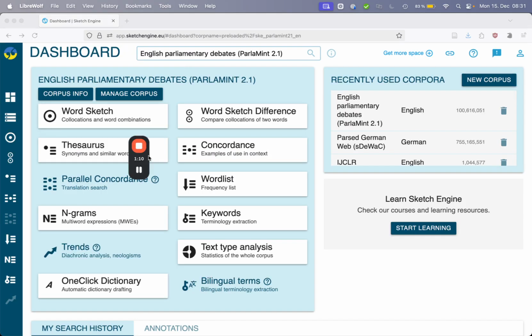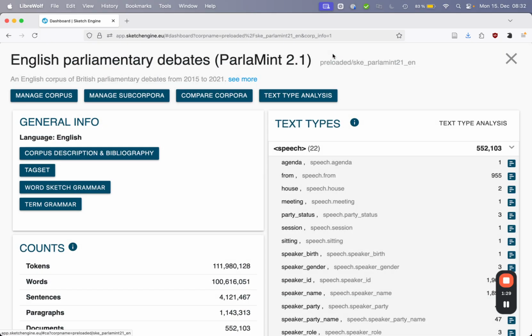So by default, Sketch Engine will always take you to the last corpus that you used. So I'm now looking at the English Parliamentary Debates corpus, Parliament version 2.1, and I can have a look at information about the corpus with the little I. Here I have some information. I can click here to get more information.